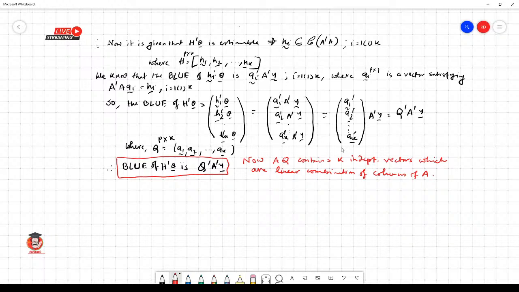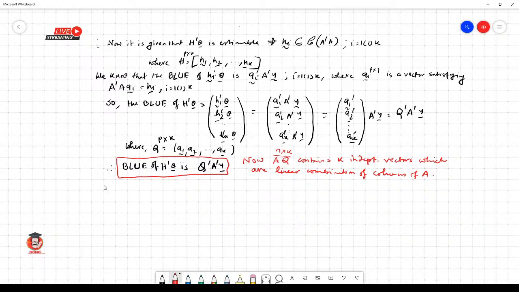Therefore, AQ contains k independent vectors. So the order of this AQ is n cross k, with independent vectors which are linear combinations of the columns of A. So the columns of AQ are all independent, and since this is estimable, the columns of AQ can be written as a linear combination of the columns of A. Clear?